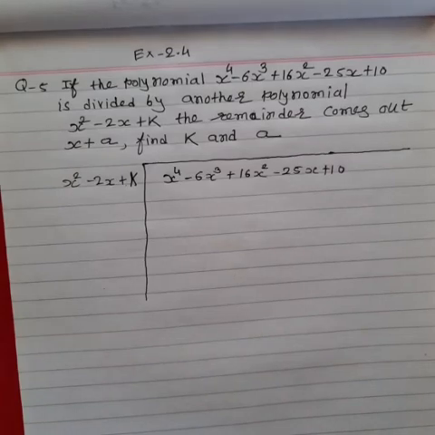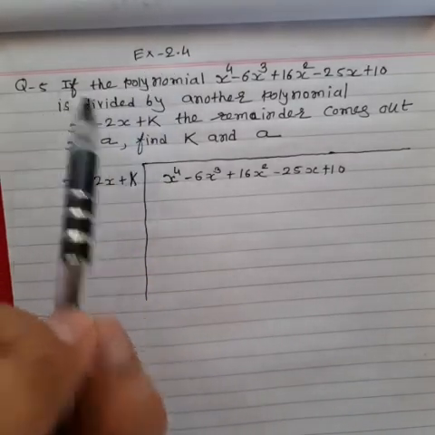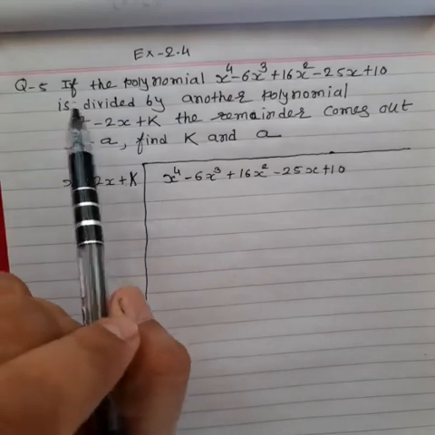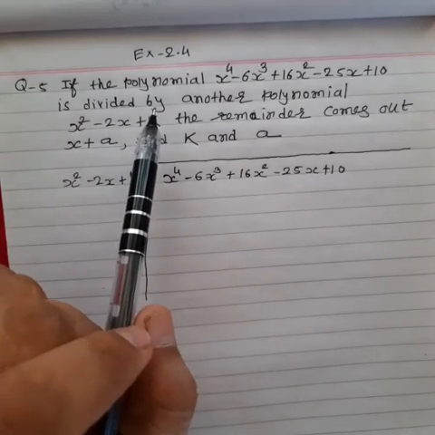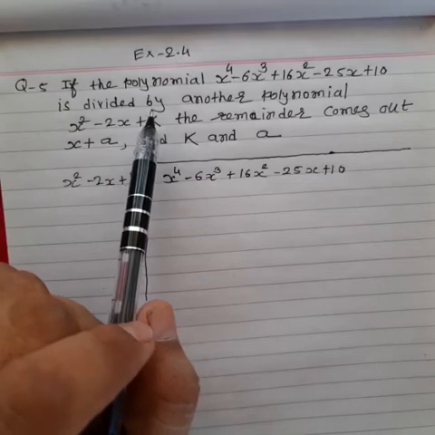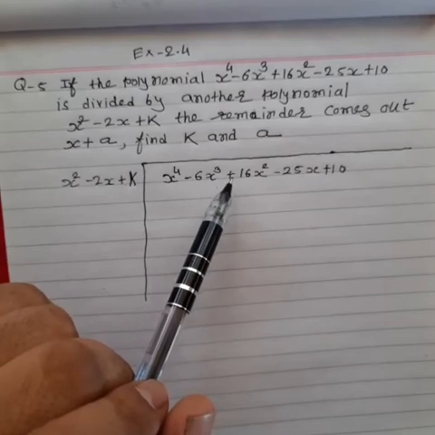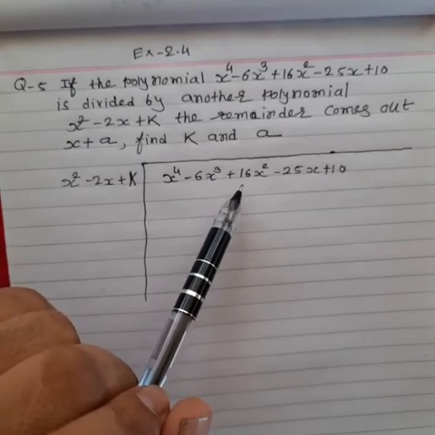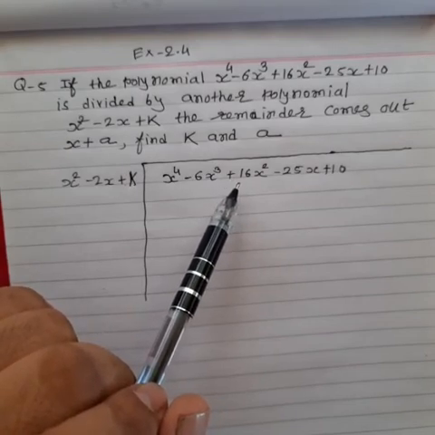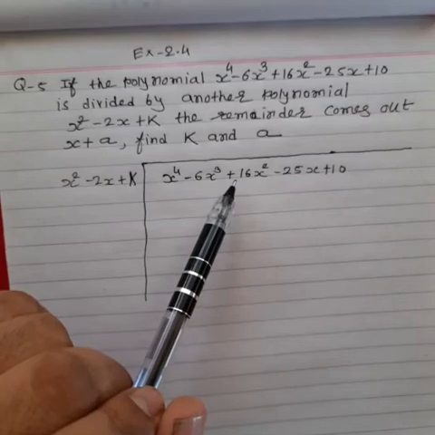Okay, now see exercise 2.4, question number 5. If the polynomial x raised to 4 minus 6x cube plus 16x square minus 25x plus 10 is divided by another polynomial x square minus 2x plus k, the remainder comes out ax plus a.